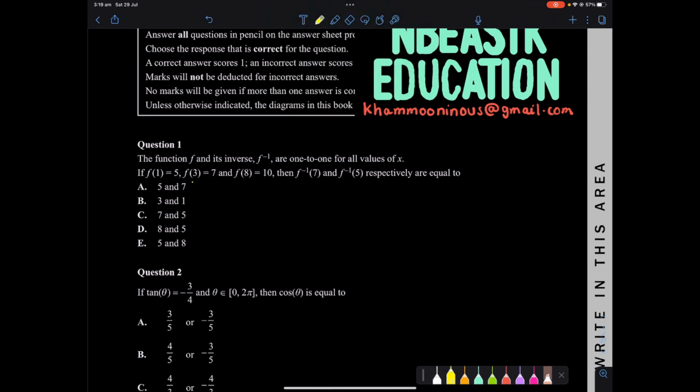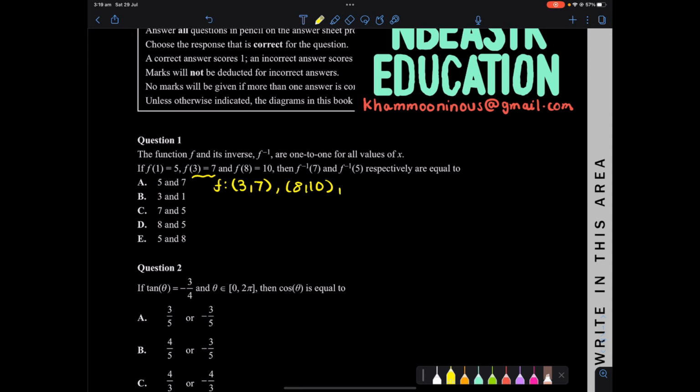So here, what's happening is that we know that for f, (3, 7) is a point, and also that (8, 10) is a point, and also that (1, 5) is a point.